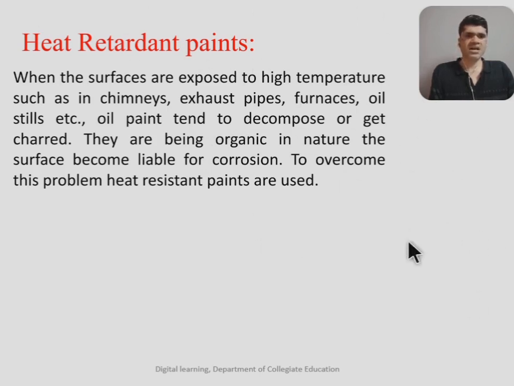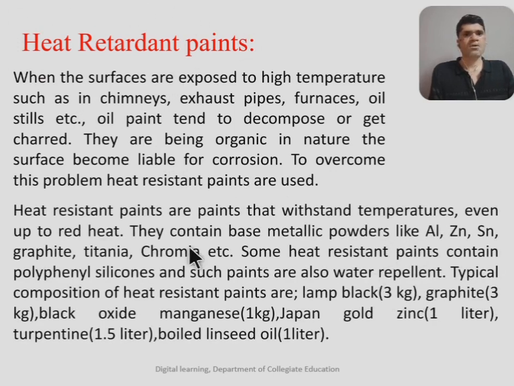Even at high temperature, this paint remains stable. Heat resistant paints withstand high temperature, even up to red hot. Even if the metal goes up to red hot temperature, the paint still withstands that heat.